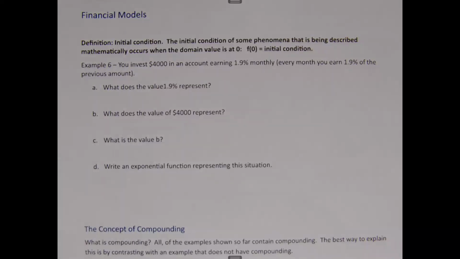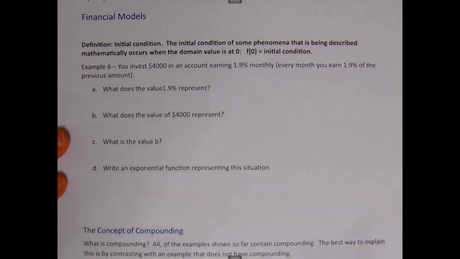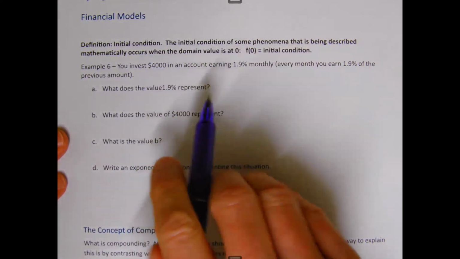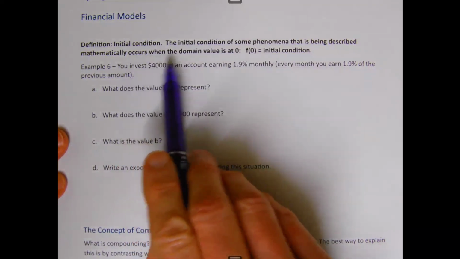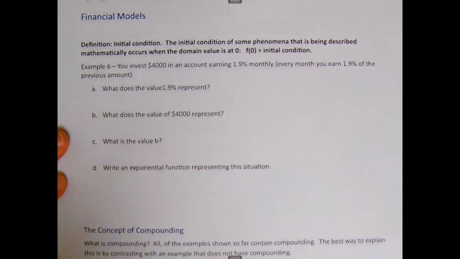So let's look at now some financial type models. We're going to start by reviewing what we've already done, but this is kind of important. The initial condition of some phenomenon being described mathematically occurs when the domain value is at 0. In other words, f of 0 equals the initial condition.